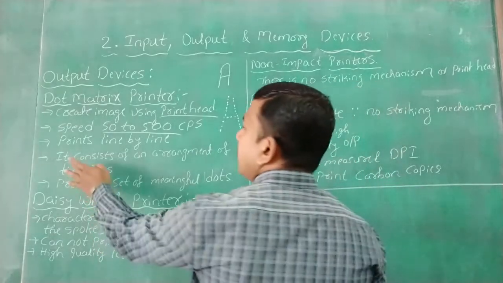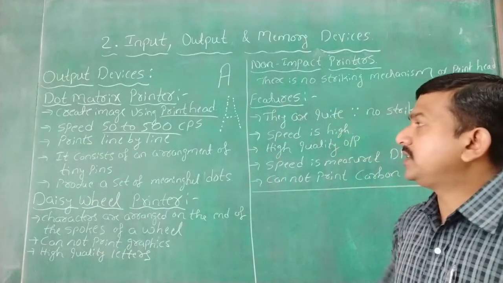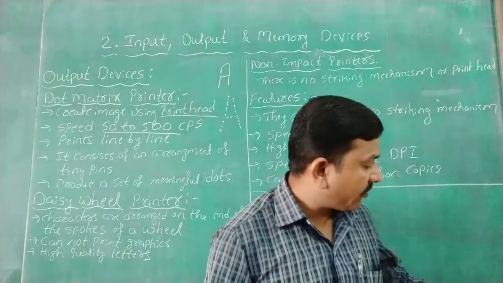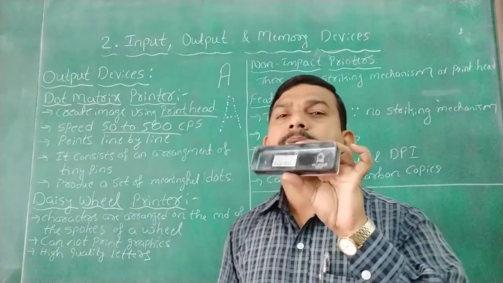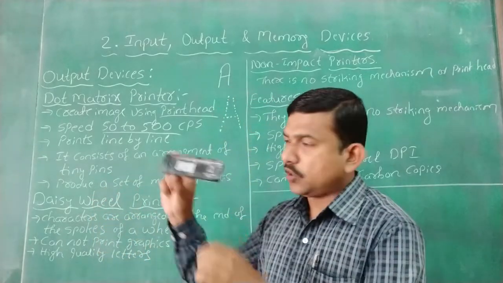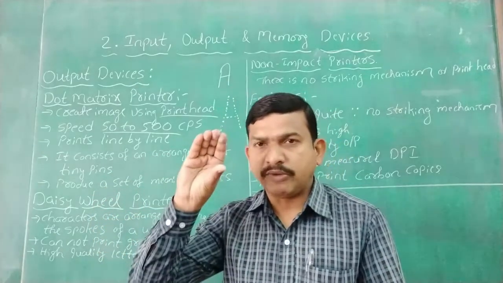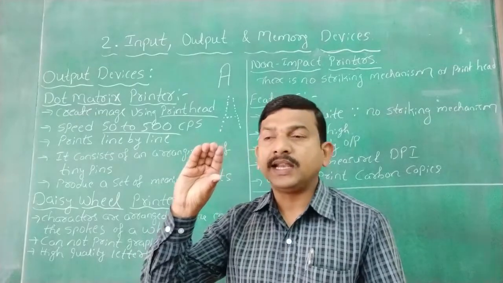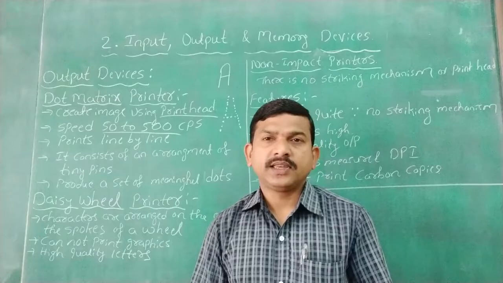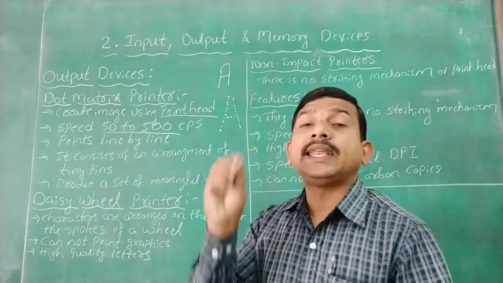Right? So next, it consists of an arrangement of tiny pins. I already told that. For example, assume that this is a printhead. It does not look like this; it is a very small device. Yes, it is a printhead. That printhead contains so many tiny pins.